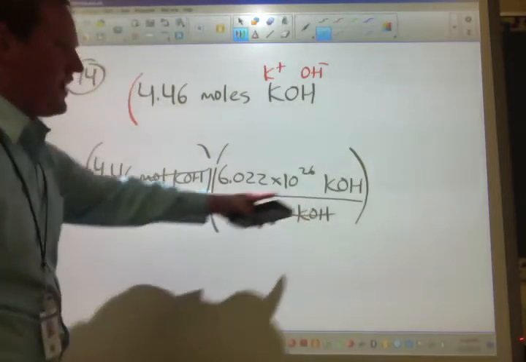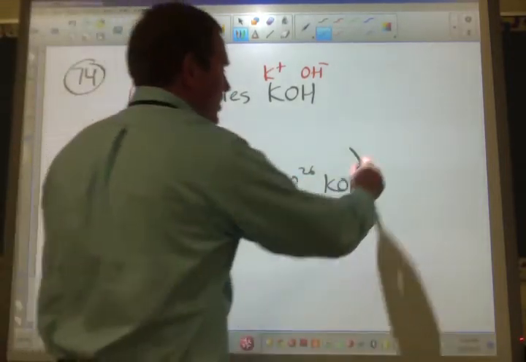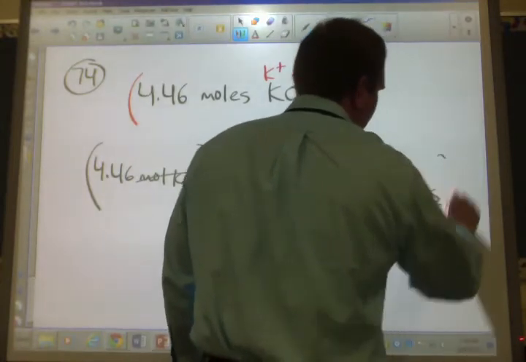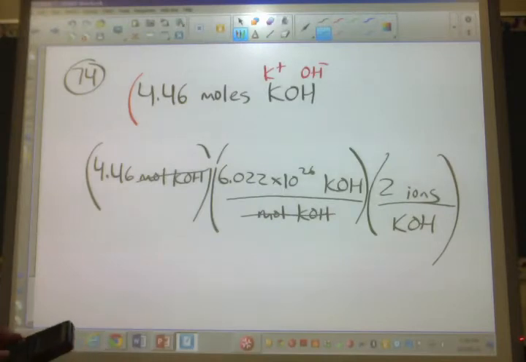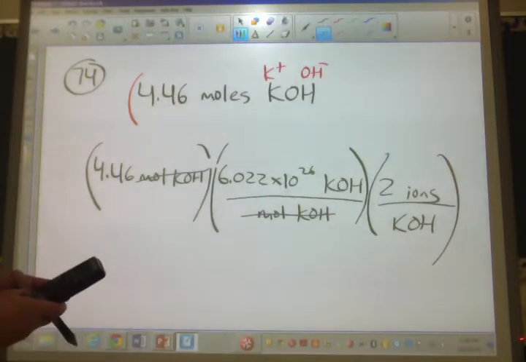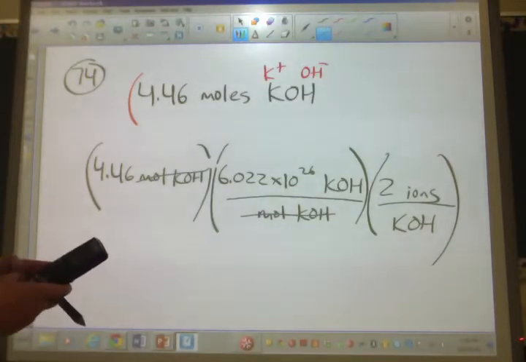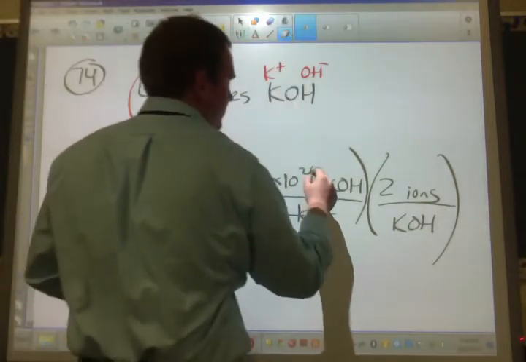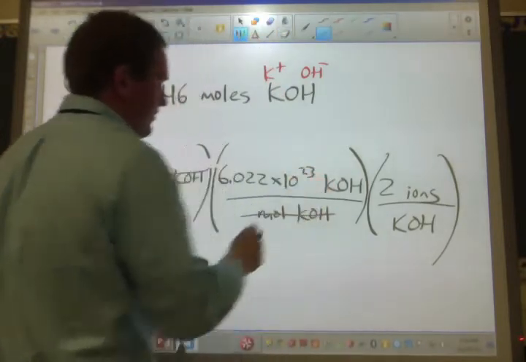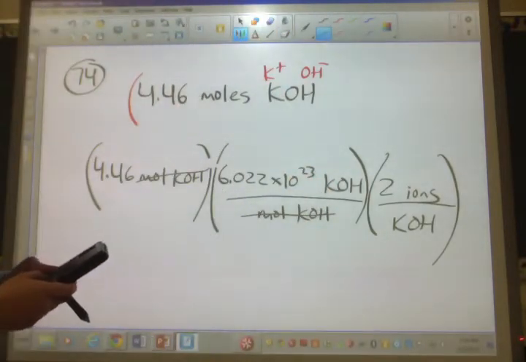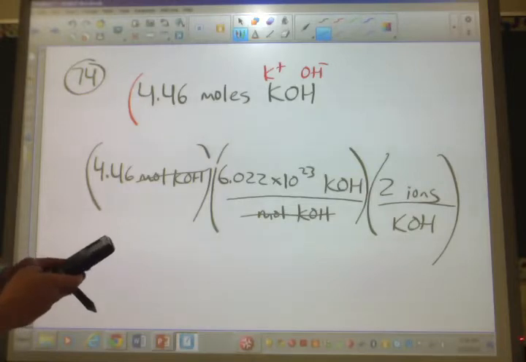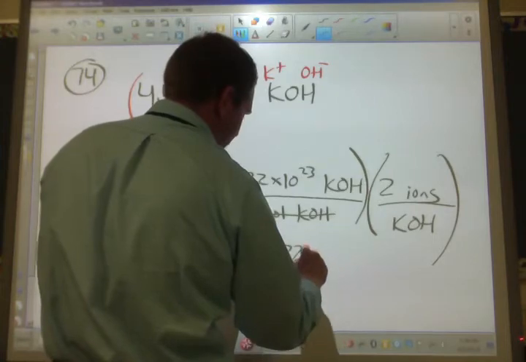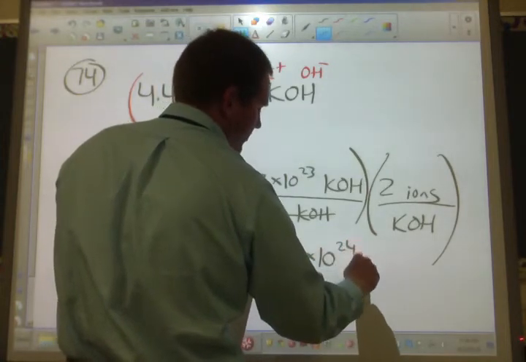So now this is how many KOH units I have. Well, it's going to be 2 ions per KOH, because each KOH splits into K plus and OH minus. So 4.46 times 6.022 times 10 to the 23rd times 2 gives me 5.37 times 10 to the 24th total ions.